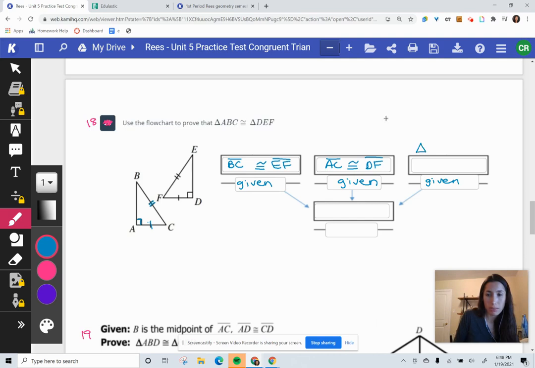I'm going to put this up here a little bit because I write too big. Now we can prove what we were trying to prove, that the triangles were congruent. So that's triangle ABC is congruent to triangle DEF. And that's because of the hypotenuse leg congruency.